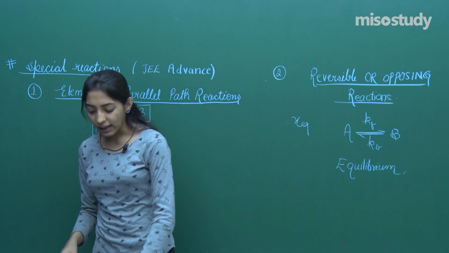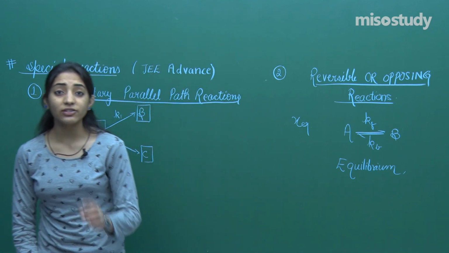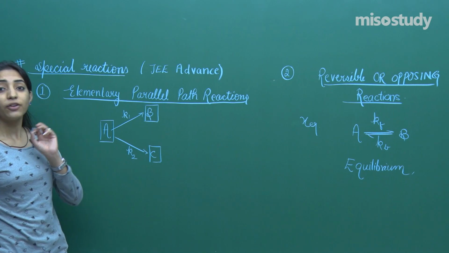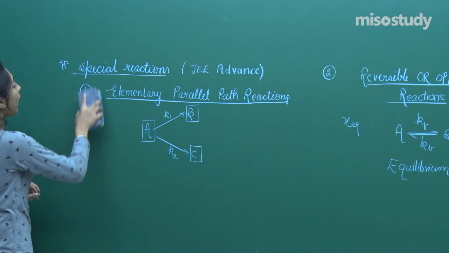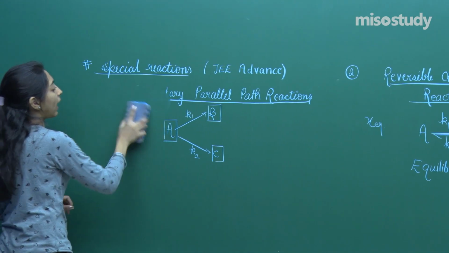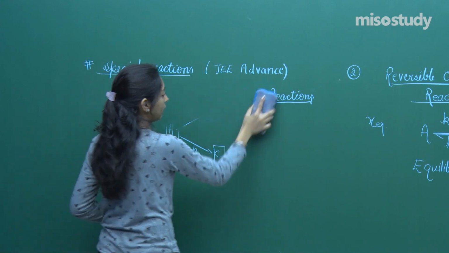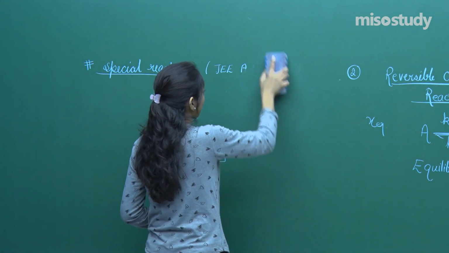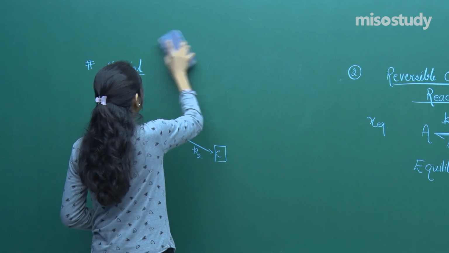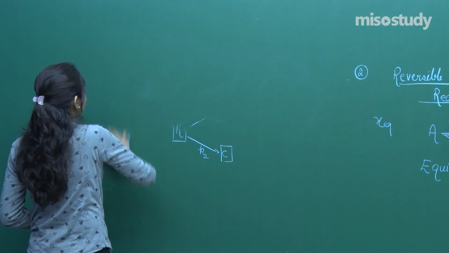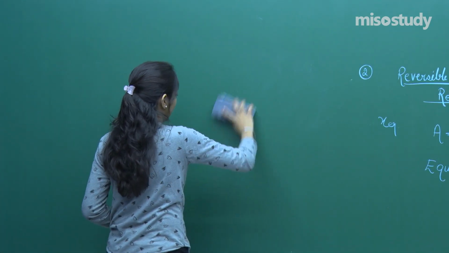And then having discussed these 2 main categories of reactions, we then moved on to the third category of special reactions that we started with. I didn't give you the complete idea about this particular section, but some idea you must be having.